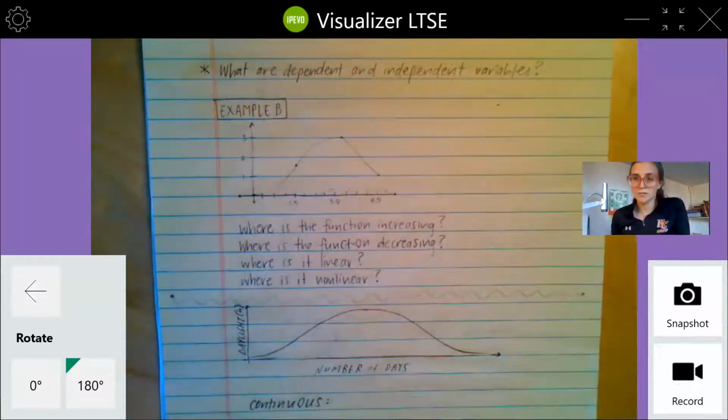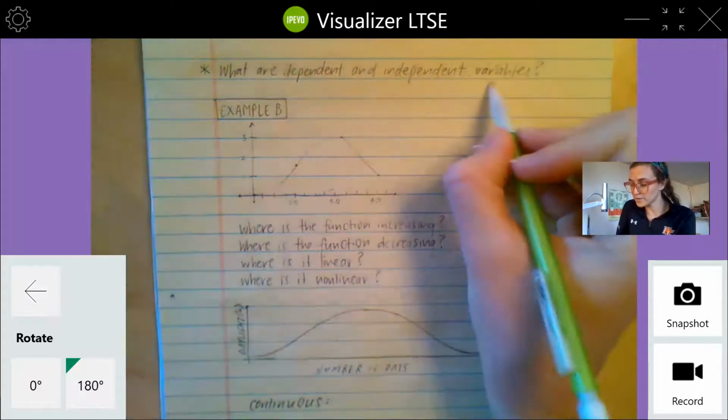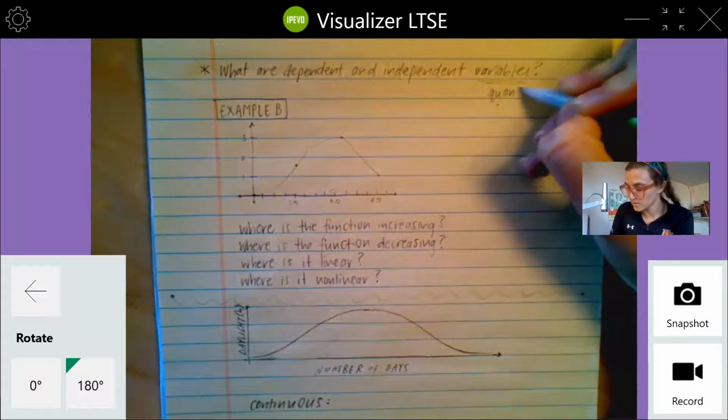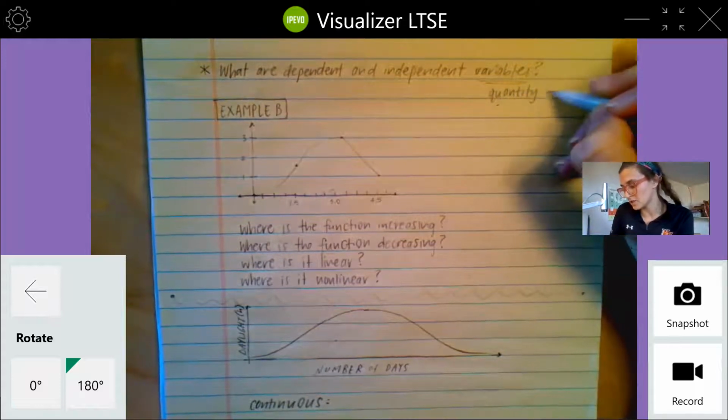All right, let's move on to one of the questions in your check for understanding. What are dependent and independent variables? So variables refers to a quantity that is changing.